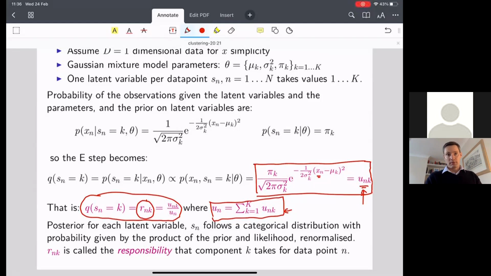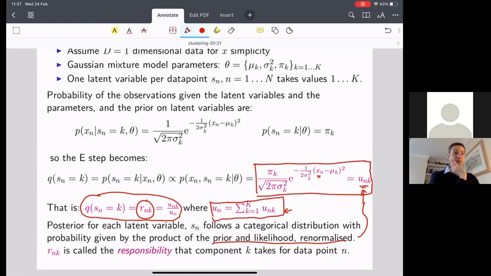These are, of course, from a probabilistic perspective, categorical distributions. The categorical distributions just come from the prior and the likelihood renormalized, which is what we've been stressing up here.